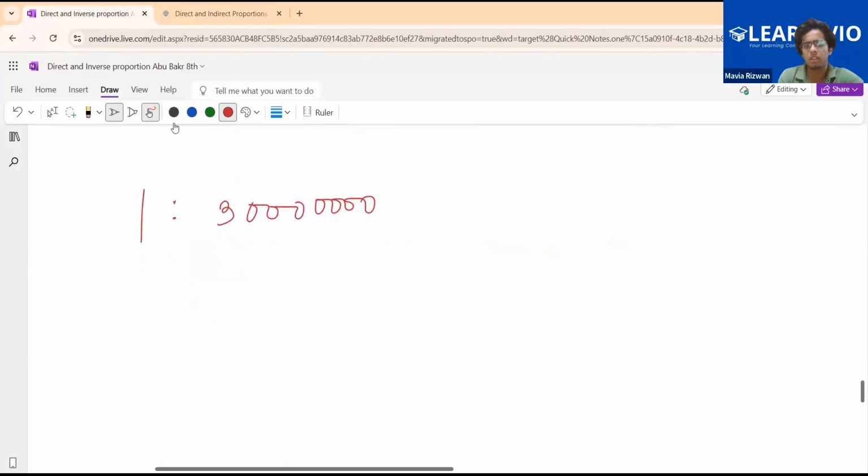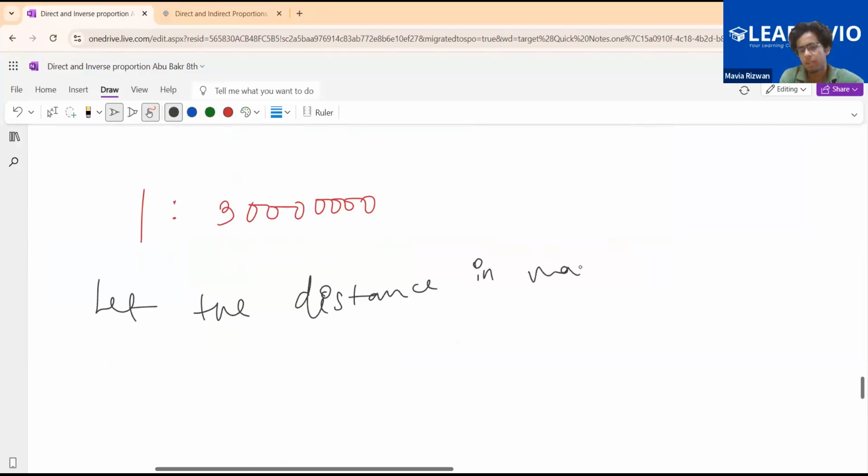Let the distance in map be x, and let the distance in real be y.